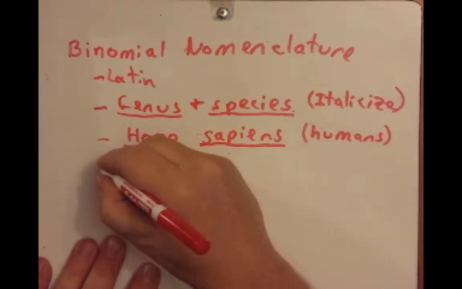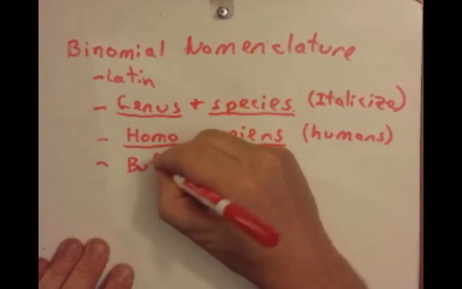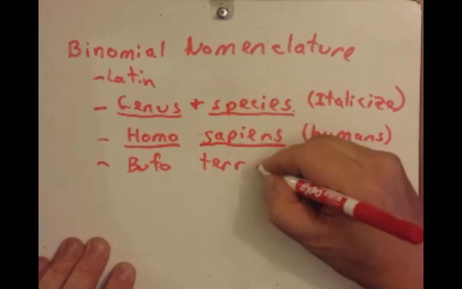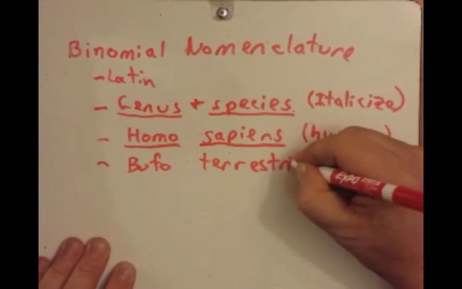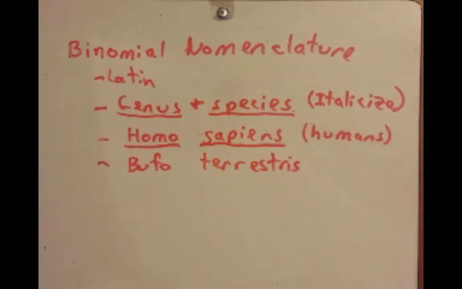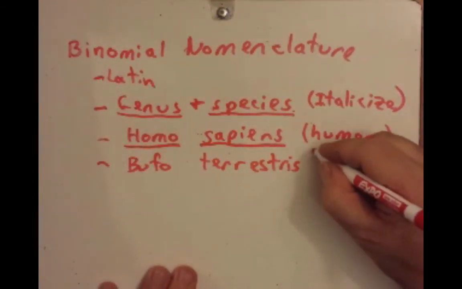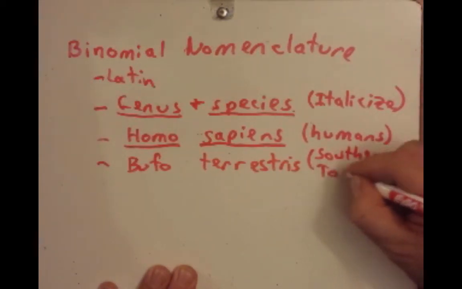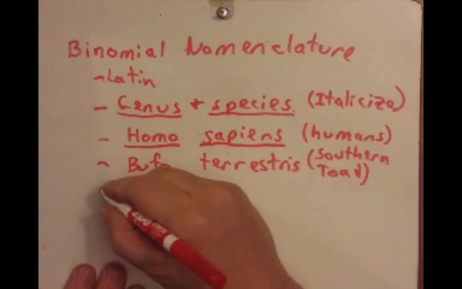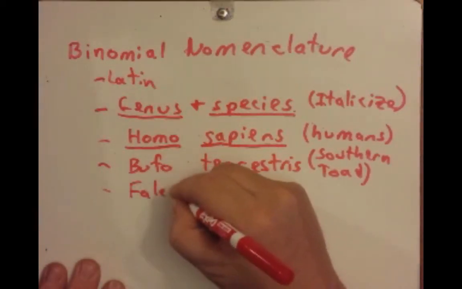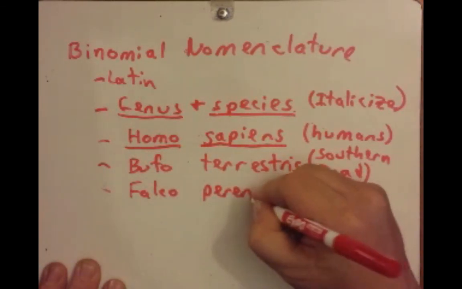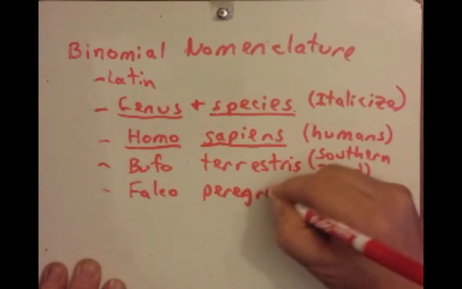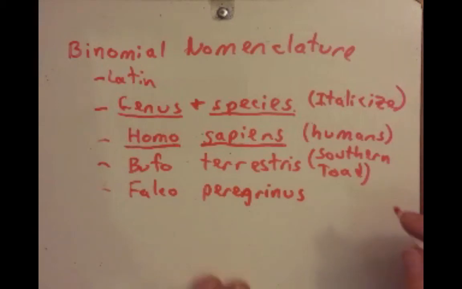I'm going to write down a couple other examples for you. Bufo terrestris, and this is the southern toad. Some of them make a little bit more sense. For instance, Falco peregrinus is the peregrine falcon.